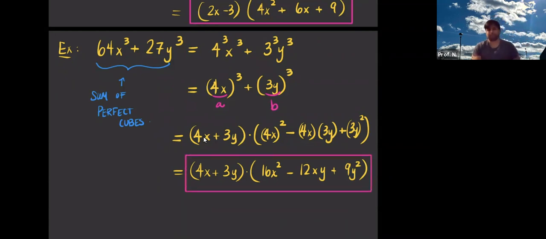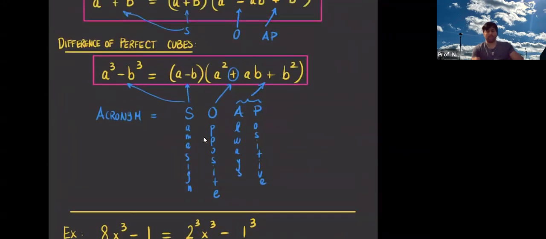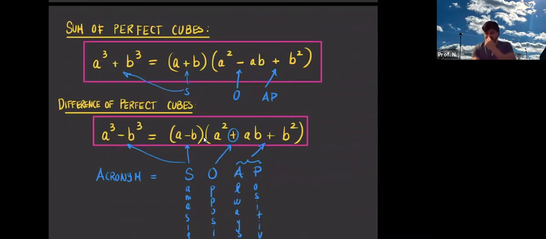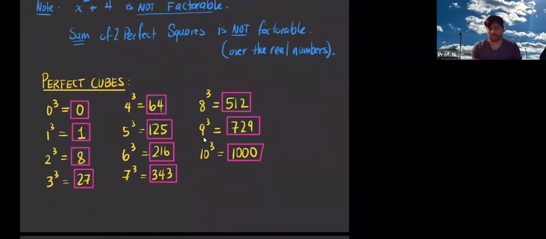And boom, we have factored a sum of two perfect cubes. All we did was utilize the formula that's been given. Of course, we need to know what numbers are perfect cubes, so we should be able to see it as immediately as possible.